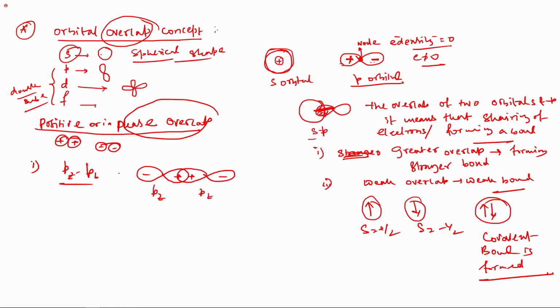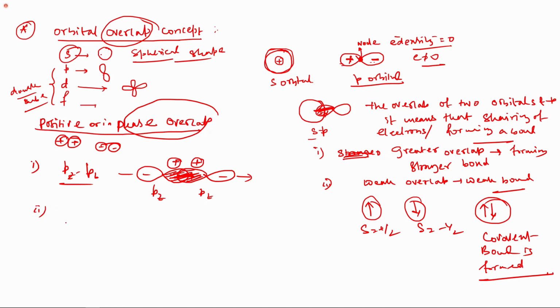This is a positive phase overlap. Two phases are the same, so this overlap is forming. Here this is also the positive phase of the other pz orbital. When the two positive phases of two different pz orbitals overlap, that is called positive overlap.